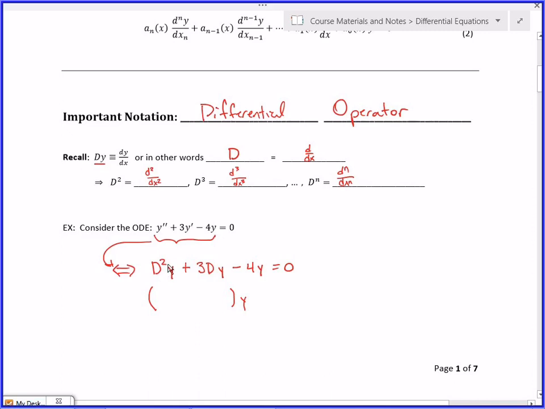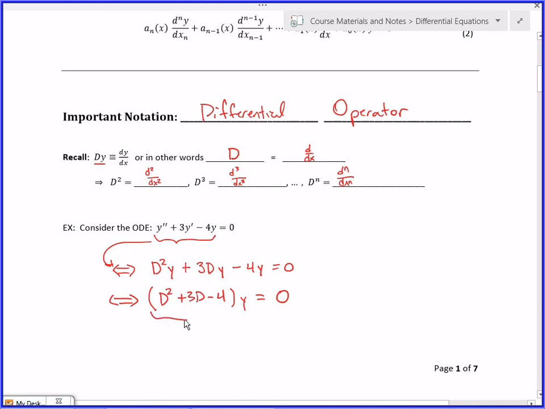So I'm using this side-by-side notation to mean that D squared is to take the derivative of y twice. But I'm writing it as I would write the square of a number, meaning I'm raising it to the second power, but all it really means is repeated differentiation. It doesn't mean repeated multiplication. So I would write this as D squared plus 3D minus 4 applied to y equals 0. That's also equivalent now.